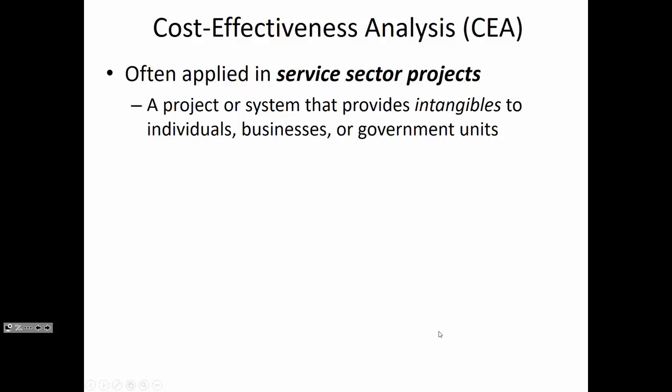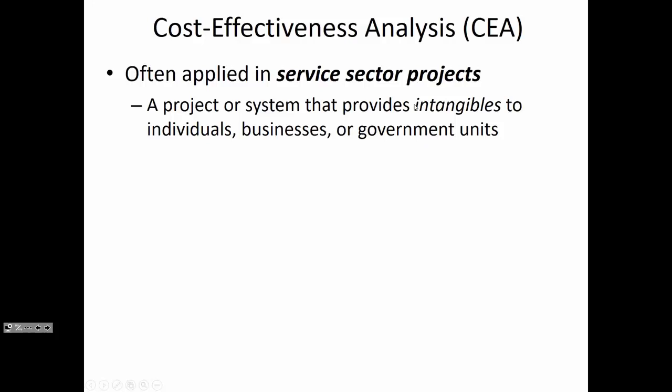Now, the types of places where we may need to apply this are government projects, but it's more specific than that. This cost effectiveness analysis is usually applied in the service sector of public projects. Services are different than physical things that are constructed, like a dam or a road or a bridge. Those are all public service projects, but they're tangible.